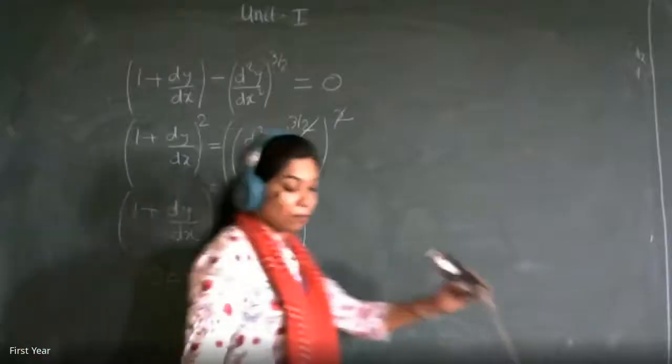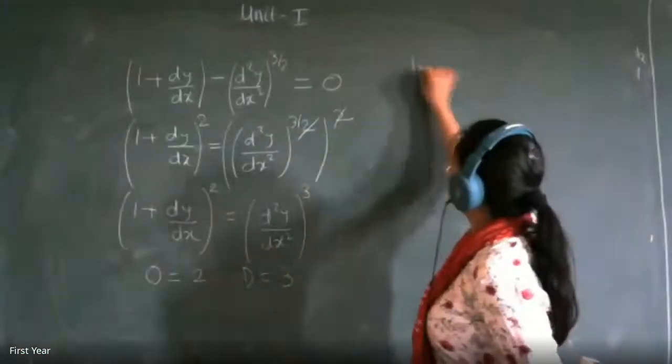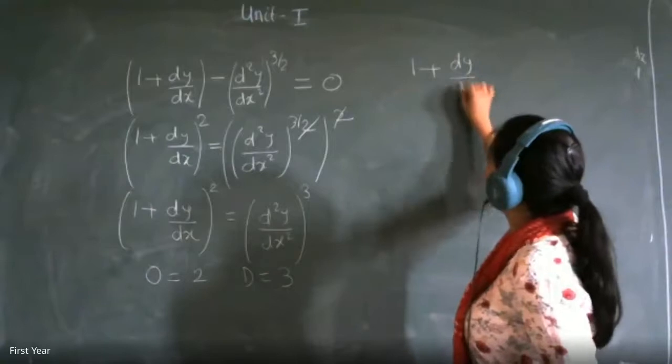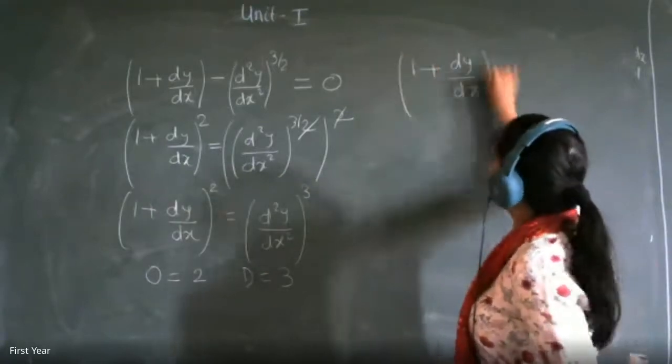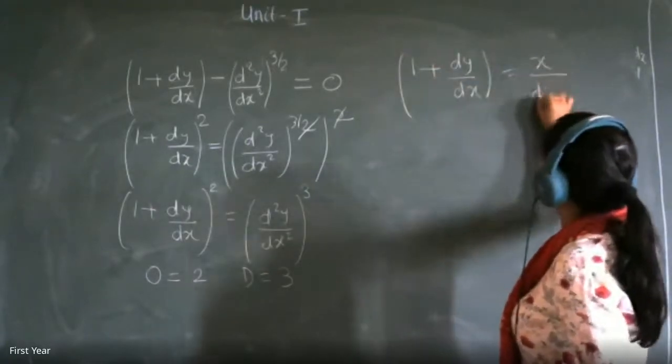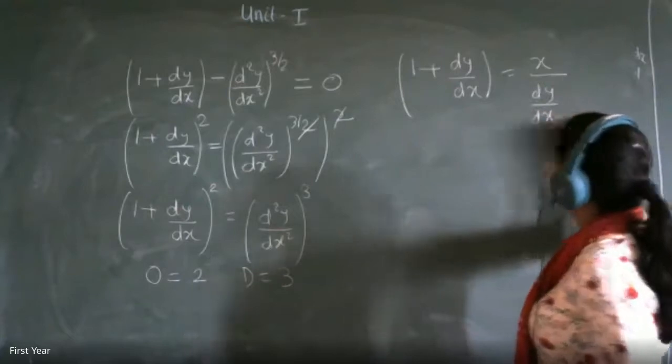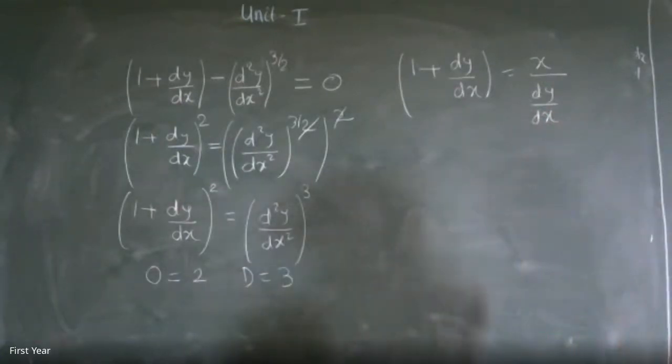I'll give you one more example quickly. Say 1 plus dy by dx is equal to x upon dy by dx. What is the order and degree? It cannot be 1, 1.